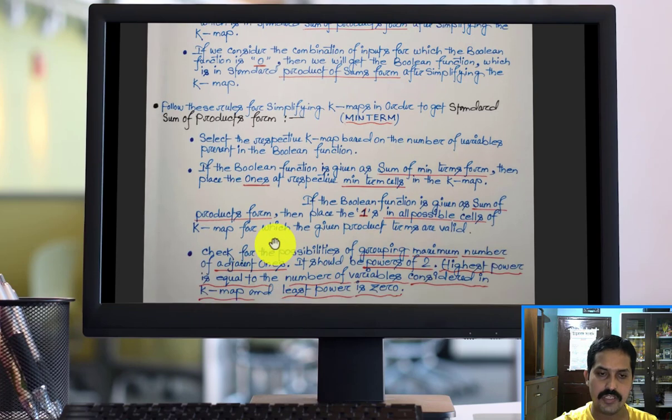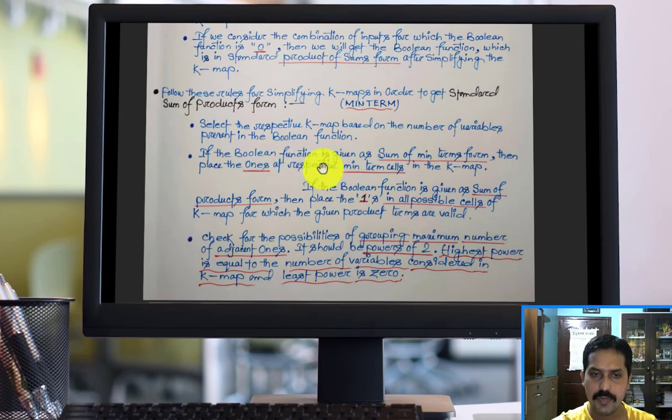So these are the steps how we can simplify or reduce the Boolean expression by the help of K-map method. First, select the respective K-map based on the number of variables present in the Boolean function. If the Boolean function is given as sum of min terms form, means sum of product form, then place ones at respective min terms cell in the K-map.